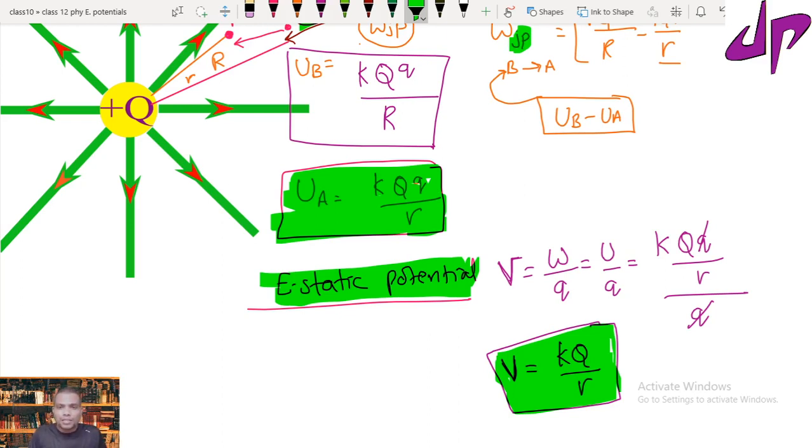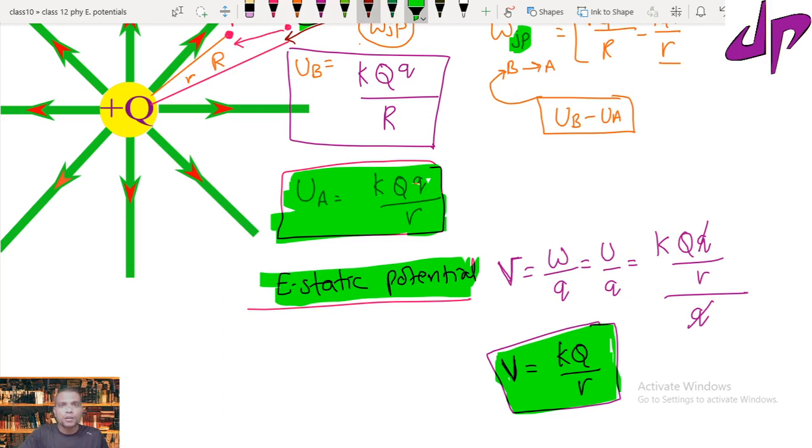Now by knowing this, we are going to express one more characteristic property of this electric field. Till now we expressed electric force, then electric field, and just before that electric potential energy, and now we are expressing electric potential.